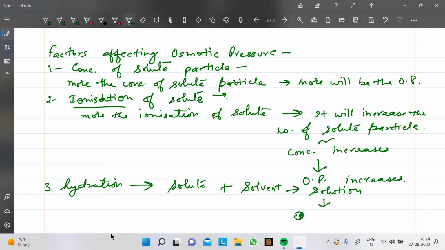This is called hydration: absorption of water on the surface of solute particle.